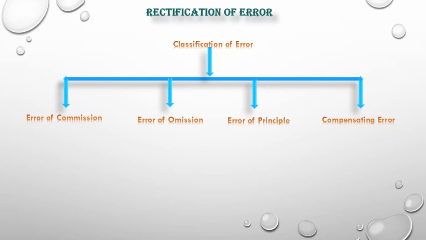Such kind of error is known as compensating error. These errors are committed in a way that one account is increased and another account is decreased by the same amount, so that if you total your debit and credit balances, they are not affected. That's why it is known as compensating error.